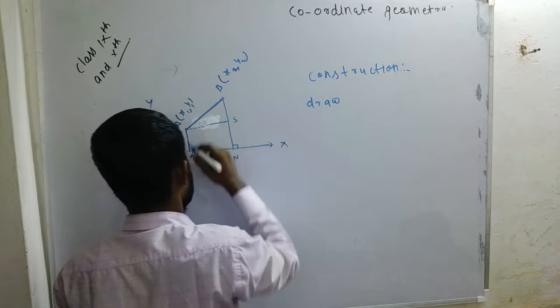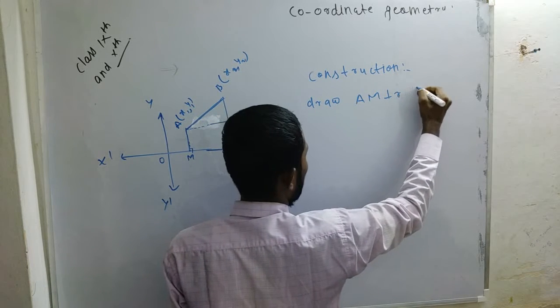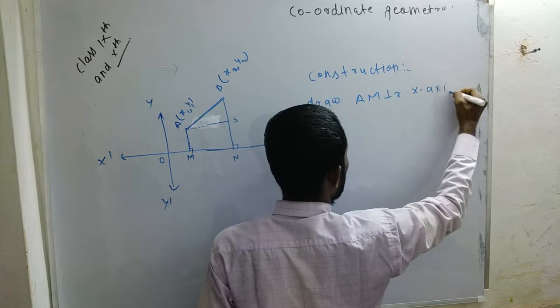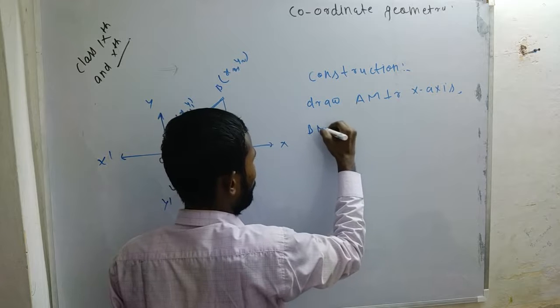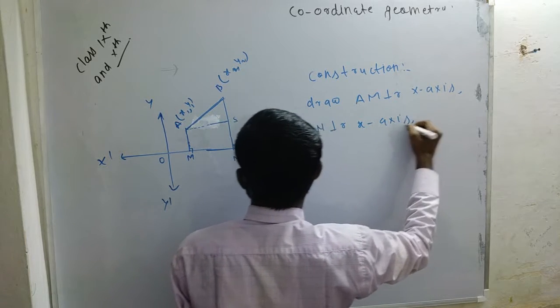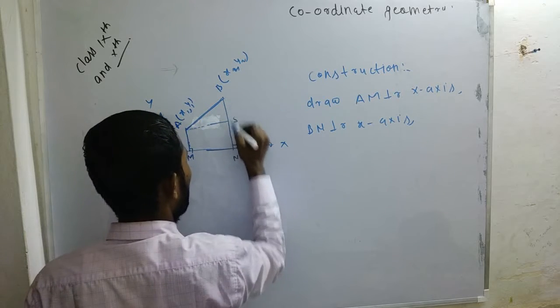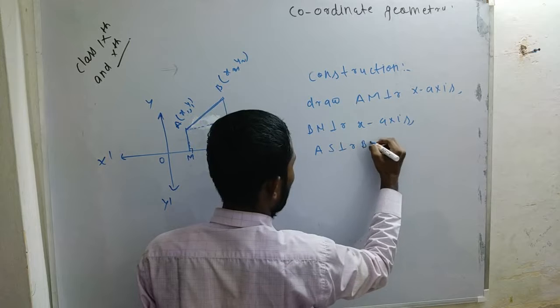Draw AM perpendicular to the x-axis, BN perpendicular to the x-axis, AS perpendicular to BN.